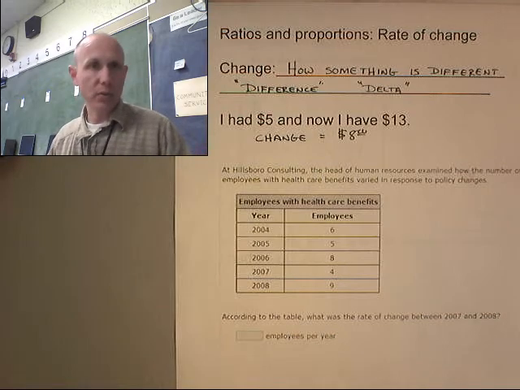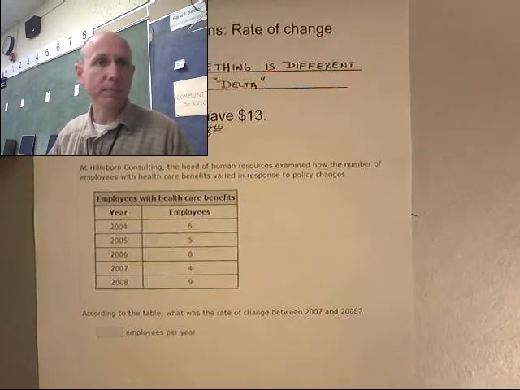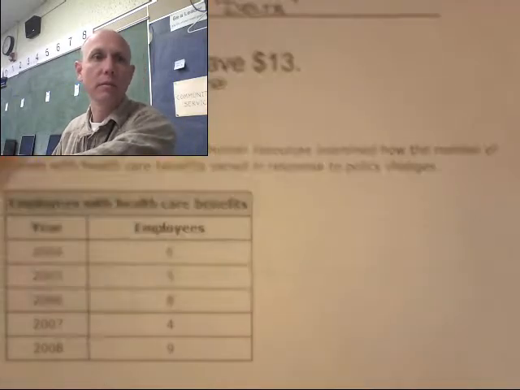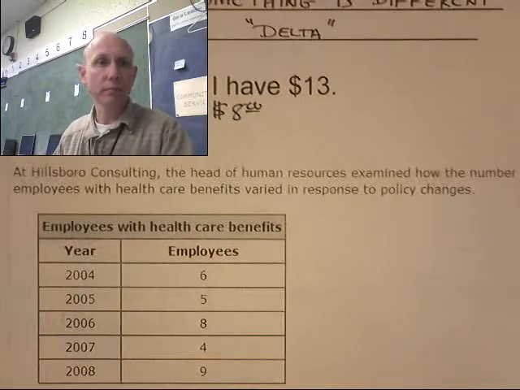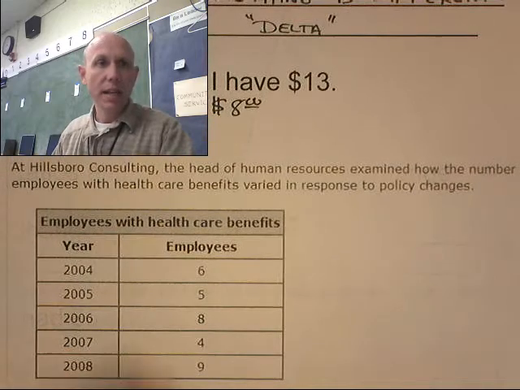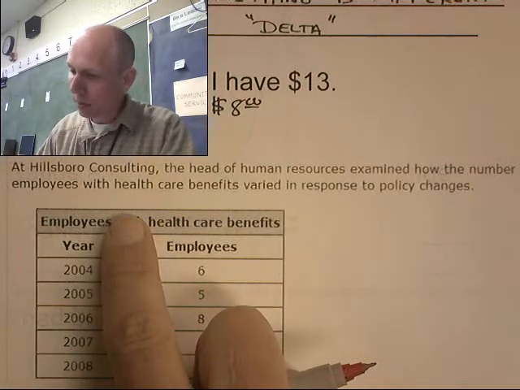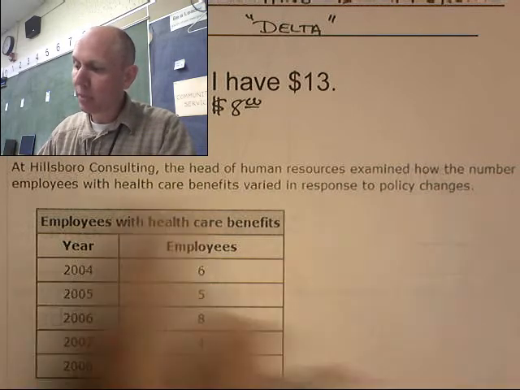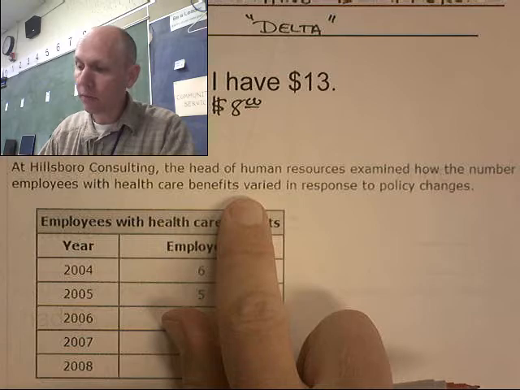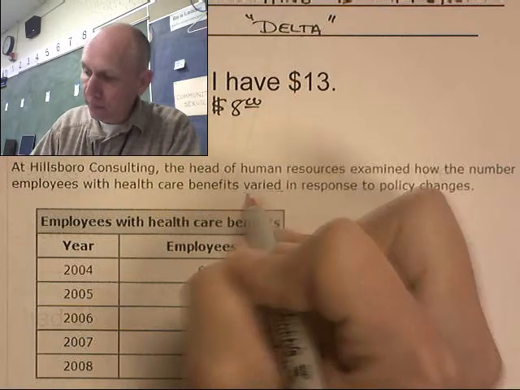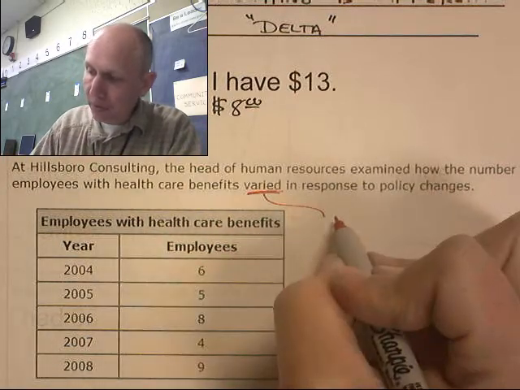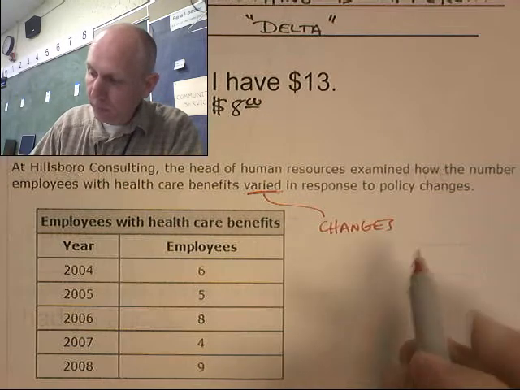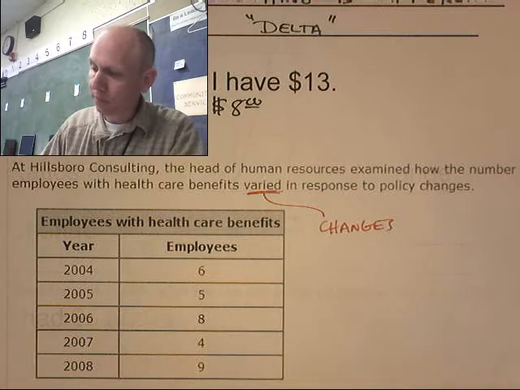So let's look at some tables. We're going to read some data off of a table and figure out what's going on with this. Let me get you a little bit better view. There we go. At Hillsborough Consulting, the head of human resources examined how the number of employees with health care benefits varied, kind of a nice word for change, in response to the policy changes.